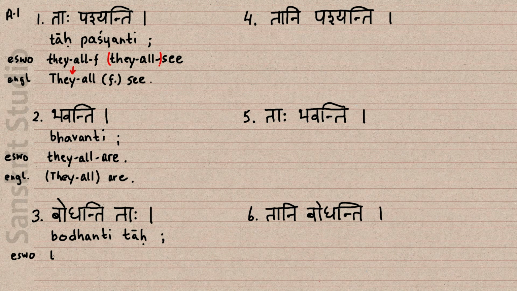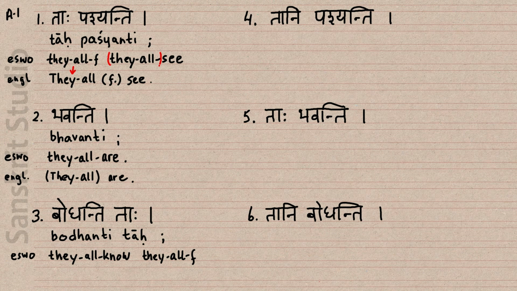So then we are writing they all know for the verb, and then we are having the Sanskrit pronoun taha, which is also they all, but it is a feminine. So it's like number 1, so it's up here.